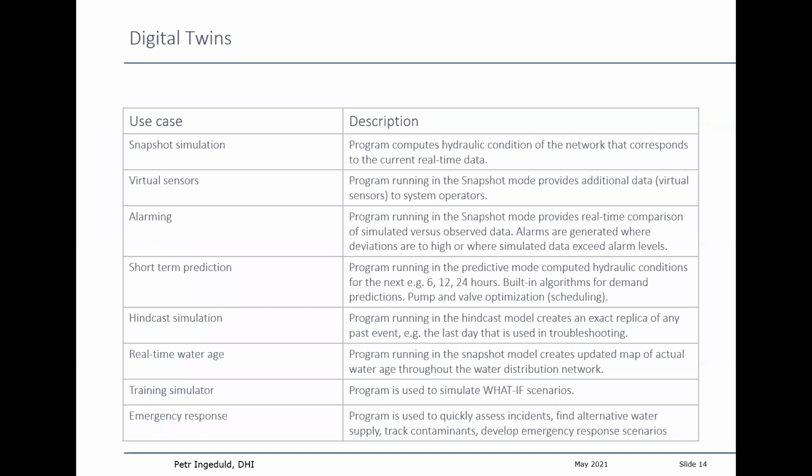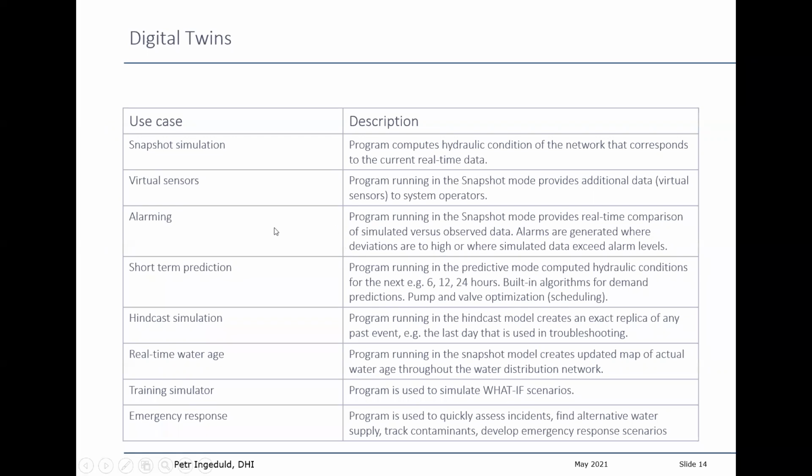That brings us to what is a typical use of digital twins. So there might be different use cases. There is the real-time mode or snapshot simulation, which is used to update the model and make the model ready for simulations and to compare simulated with observed data.